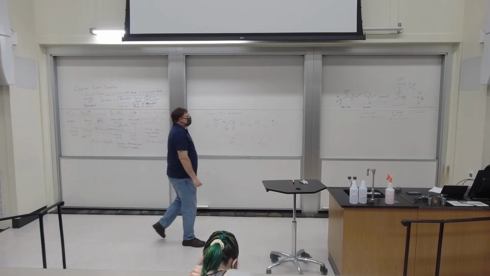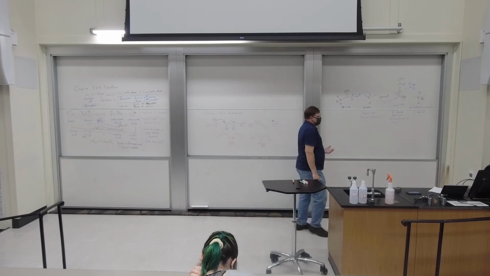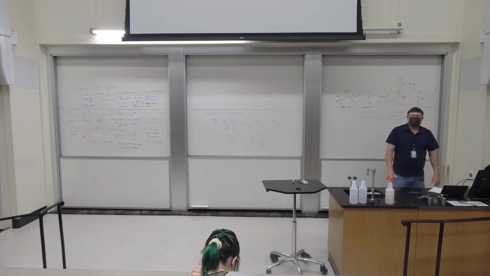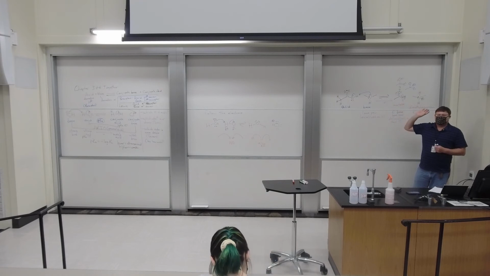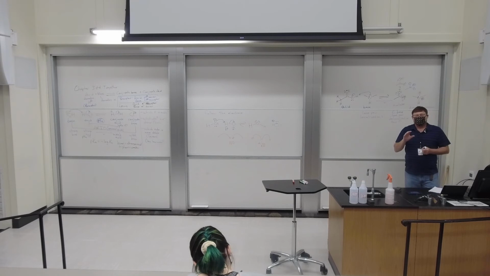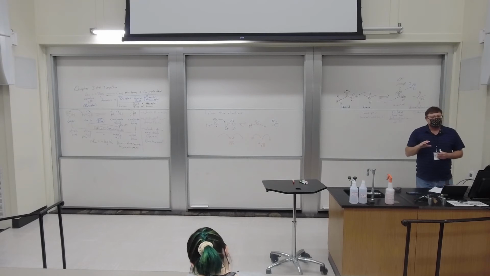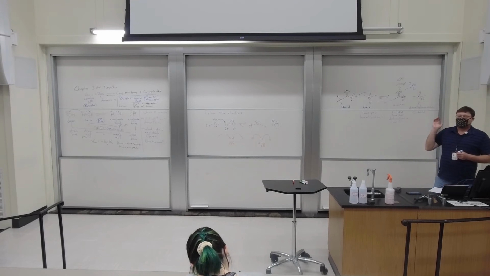The reason I bring this one up is that in a lot of ways, this is the reaction. I don't know where you guys are all going. Some of you, I hope, will do chemical research someday for a living. Some of you may never take another science class.